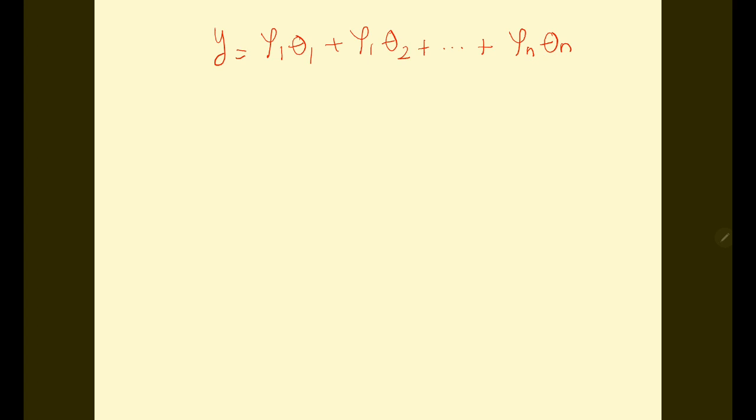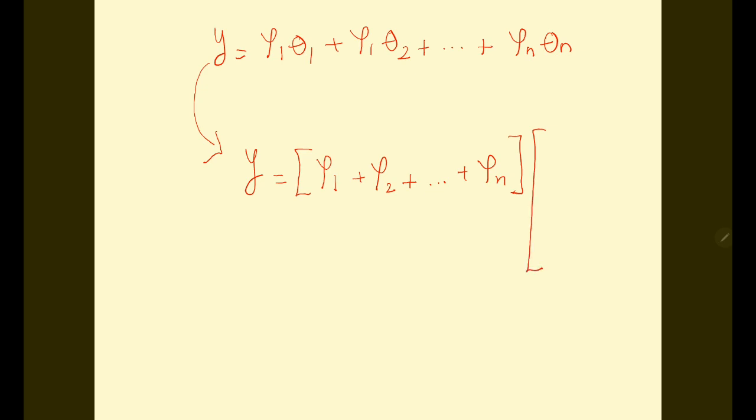We can segregate the phi and theta, so I can write down the phi separately: y is equal to phi1, phi2, up to phi n, times theta1, theta2, up to theta n.